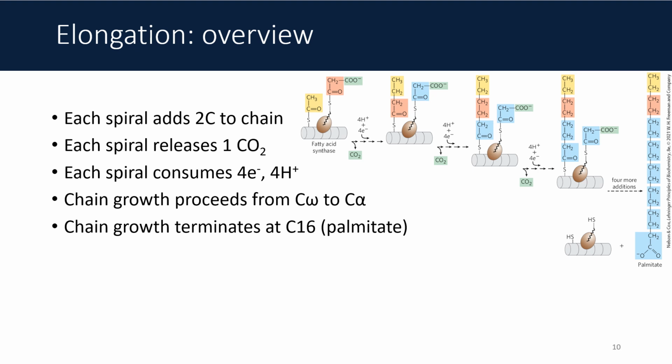Like the fatty acid spiral, fatty acid synthesis will proceed via 2 carbon unit additions. Now, malonyl-CoA, you may recall, has 3 carbons in it: 1, 2, and 3. That over here is malonyl-CoA attached to the ACP portion of fatty acid synthase.